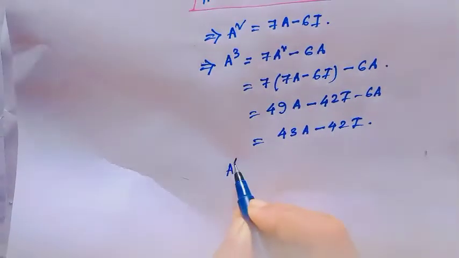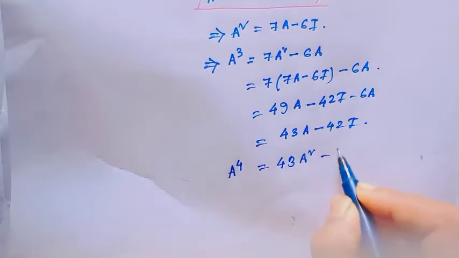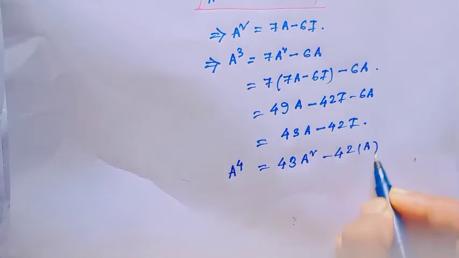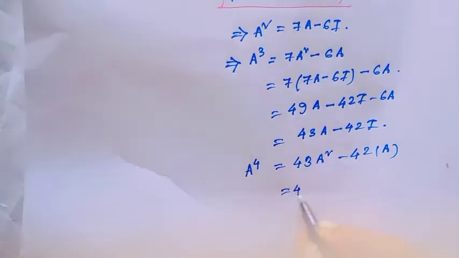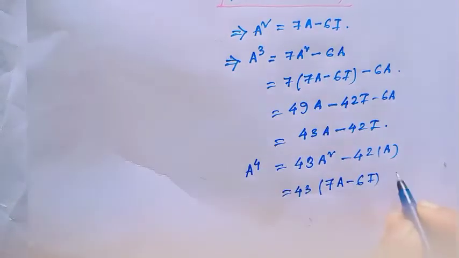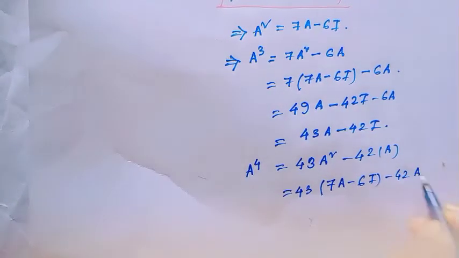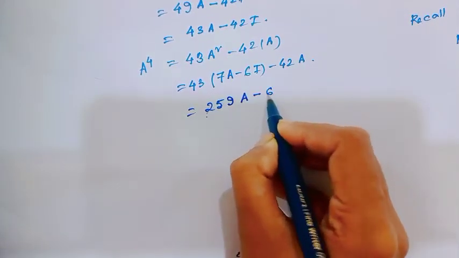A to the power 4 would be 43A square minus 42A. Similarly, put the value of A square: 43 times 7A minus 6I minus 42A, which is equal to 259A minus 6I.